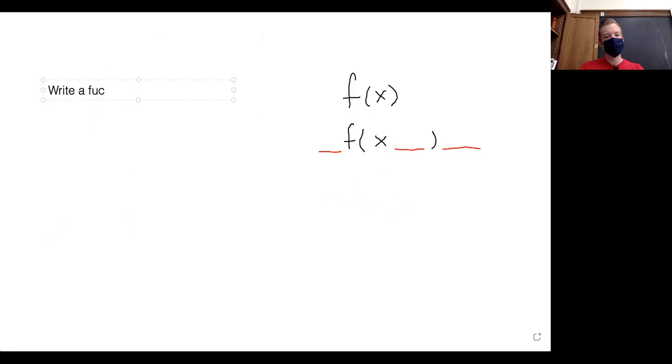Write a function that is compressed by a factor of 1/2 and moved down 7 units.